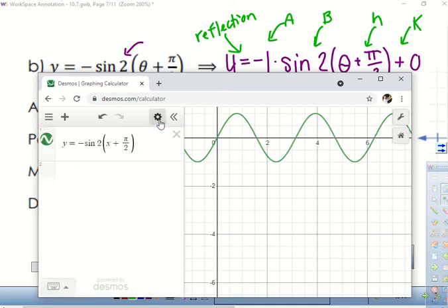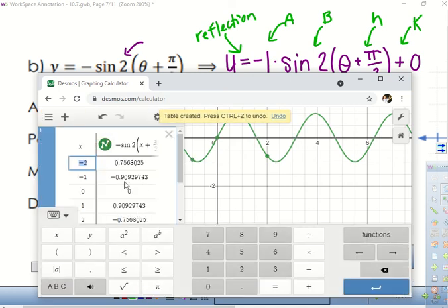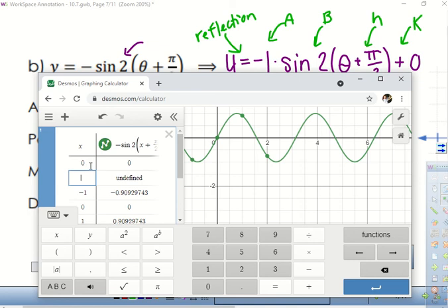So, now we're going to go to the table. And in my table, my increment is pi over 4, meaning I'm going to have to put in those extra values, okay? Those in between values.